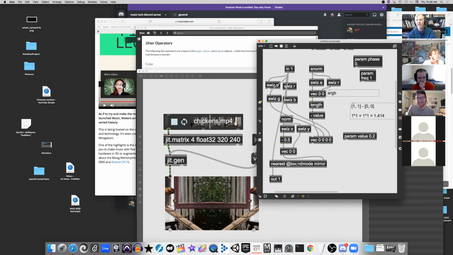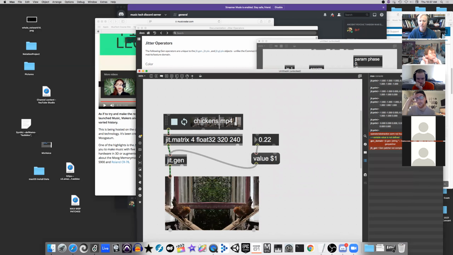Okay, so let's make sure we understand what this nearest thing is doing, because this may be really mysterious for a few of you. So what it's doing is it's taking in this matrix, and if we don't put it through the nearest, I'm assuming you just want the structure of this matrix, like how I draw it, to be the same as how it came in. You know, cell 0, 0 is drawn at cell 0, 0, etc. How would I make this just drawn backwards? Like, I want this cell to start over here, and this cell to start over here, right?